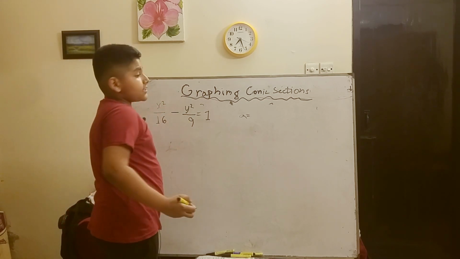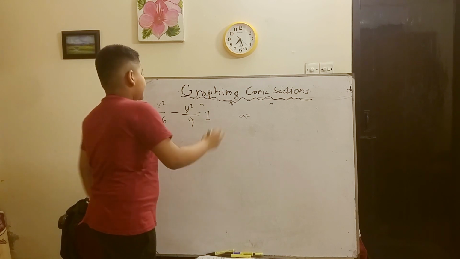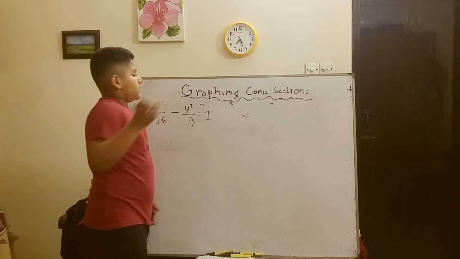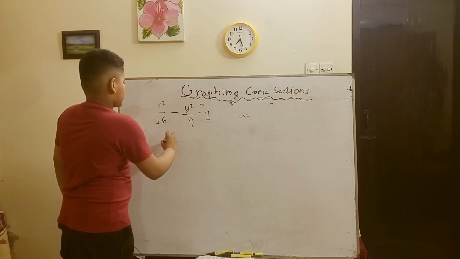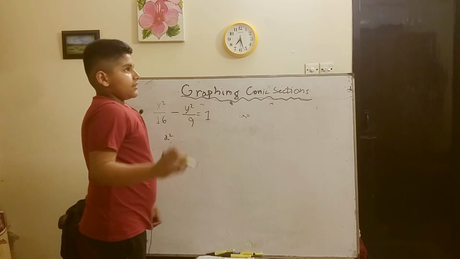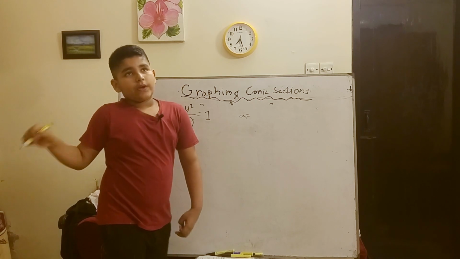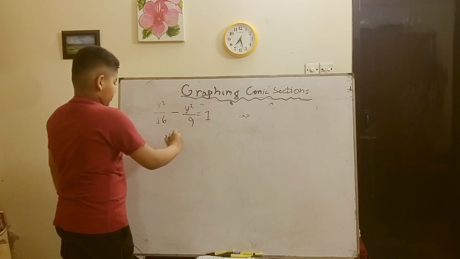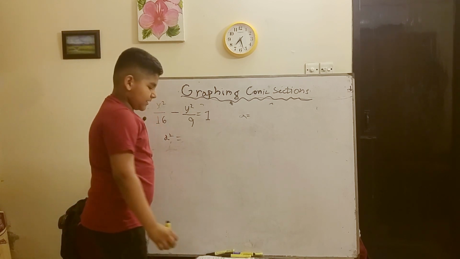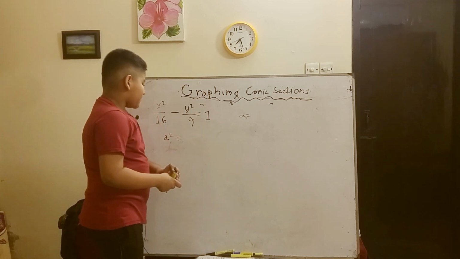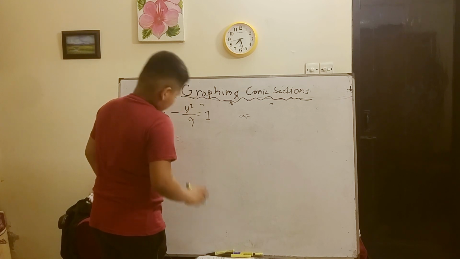So something like x squared over 16 minus y squared over 9 equals 1. Here, a squared in our c squared equals a squared plus b squared equation. That's what I like to call it because I get confused with the Pythagorean theorem again.